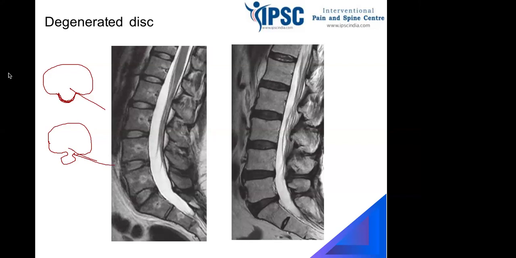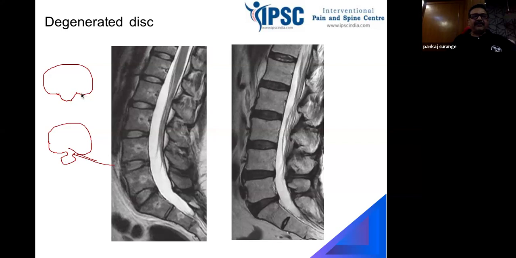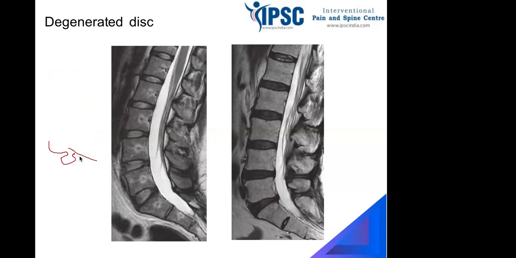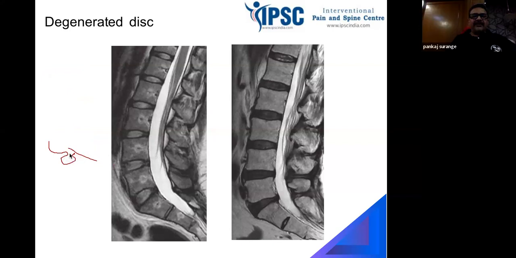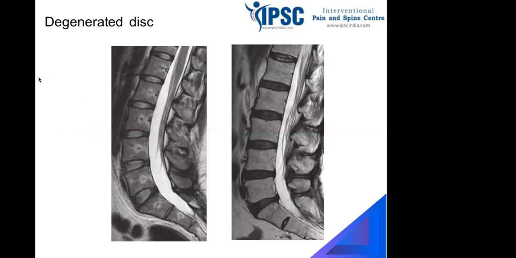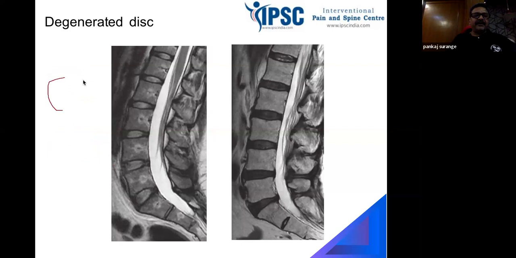Understood now? Yes, sir. So that's the significance. Sequestrated means it has come out of the disc level and it is detached from here. The disc is here, and you may see that the annulus is intact at the disc level, and the fragment is here.